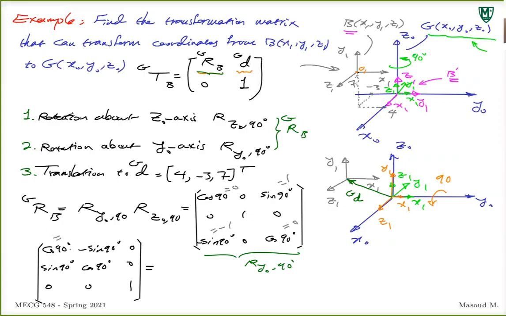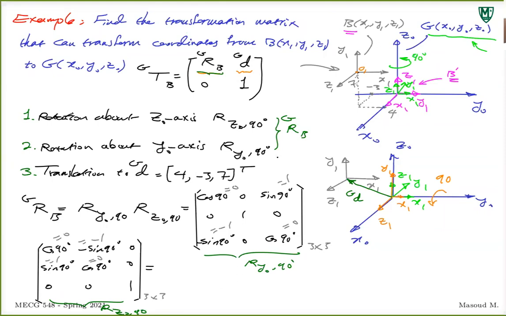Cosine 90 degrees, again, is 0. I just want to make sure we did the right rotation. 90 degrees in z, so it becomes 0. Minus 1, this is 1, and this is 0. Simple 3 by 3 matrices. All right, and this is your R z naught 90 degrees.